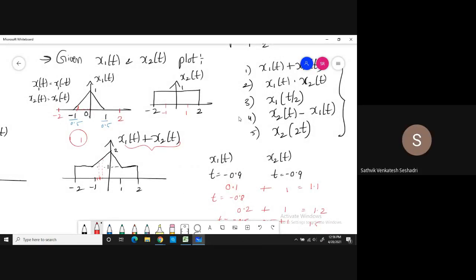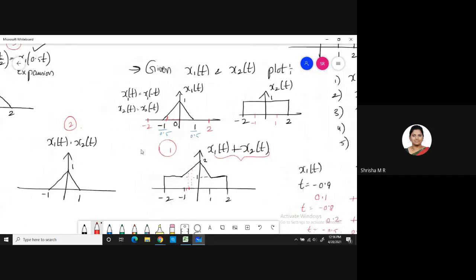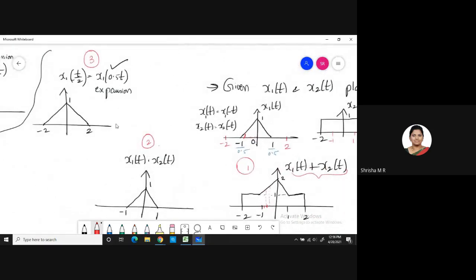Third one, x1 of t by 2. This is scaling with respect to t. How is t scaled? You have x1 of t by 2. You're scaling t with a fraction, correct? What is the scaling factor here? 1 by 2. Scaling factor is 1 by 2 or 0.5, correct?